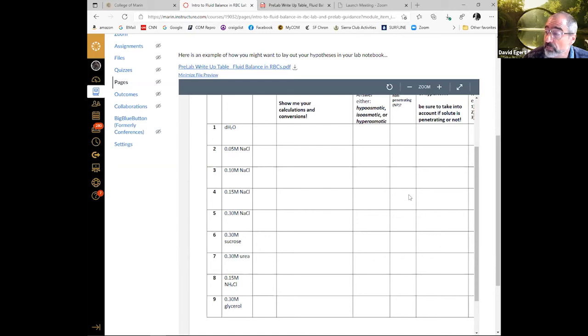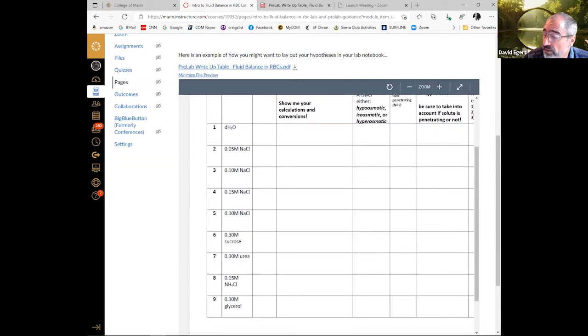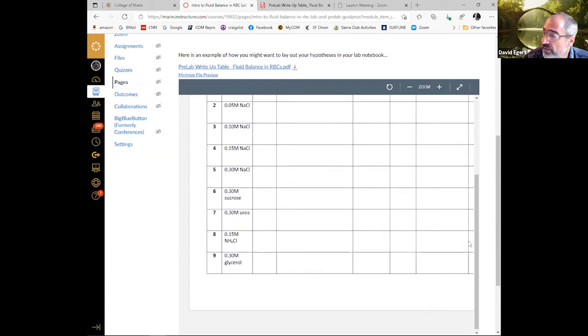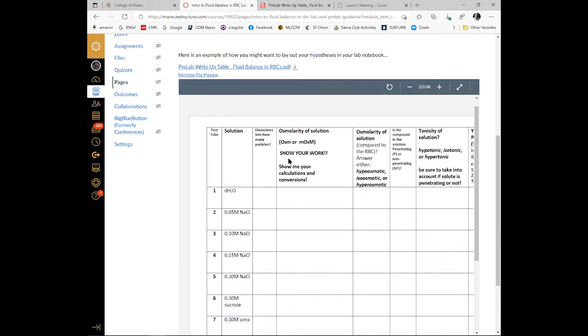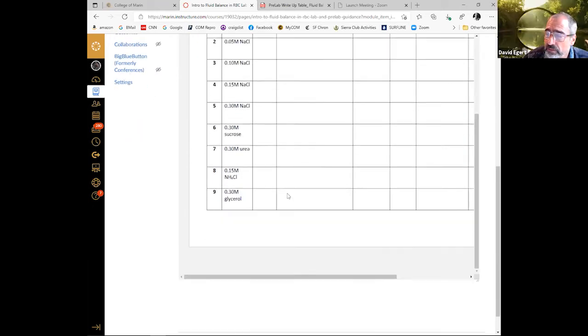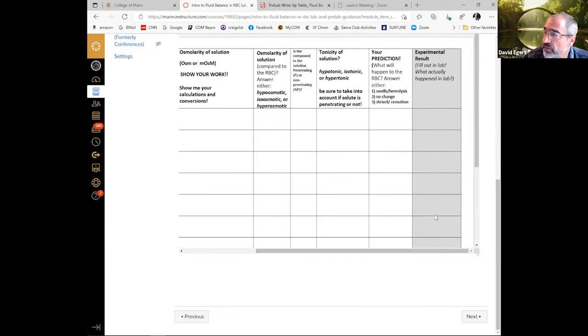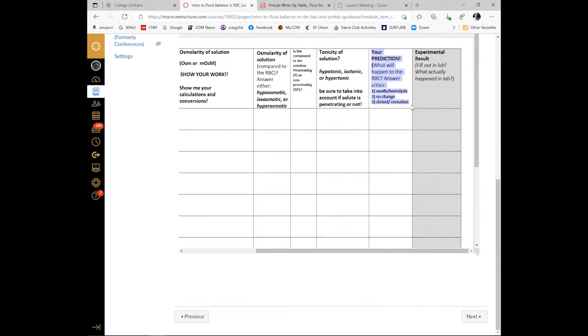Right, and then our dependent variable is ultimately going to be what? The solution? No, the solution is... Osmolarity? No, that's going to be part of our calculations, but we're trying to find out what happens to the red blood cell.